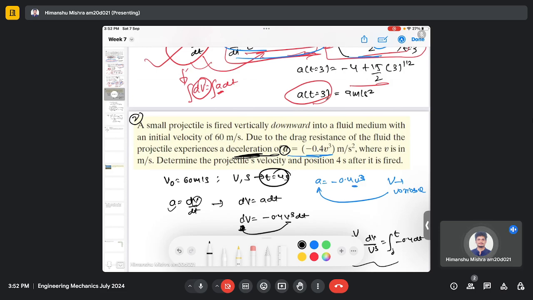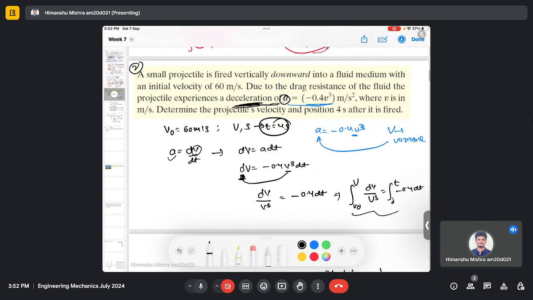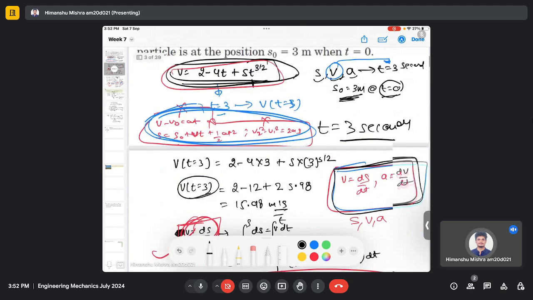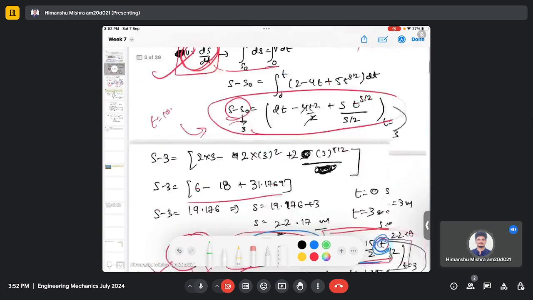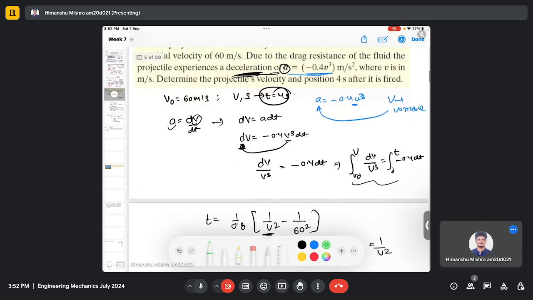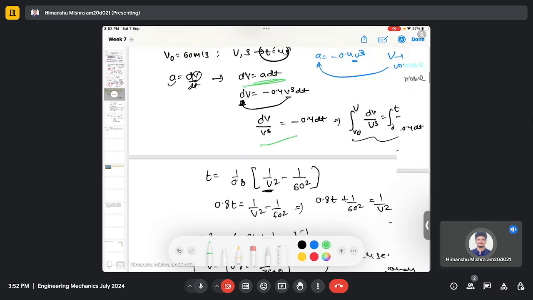We need to find the velocity and position at time equals 4 seconds. As we discussed, when the acceleration is not constant, we need to use the general formula. So first we use this formula, acceleration, which is defined as the change of velocity in time. We integrate the expression here to find the unknown velocity.